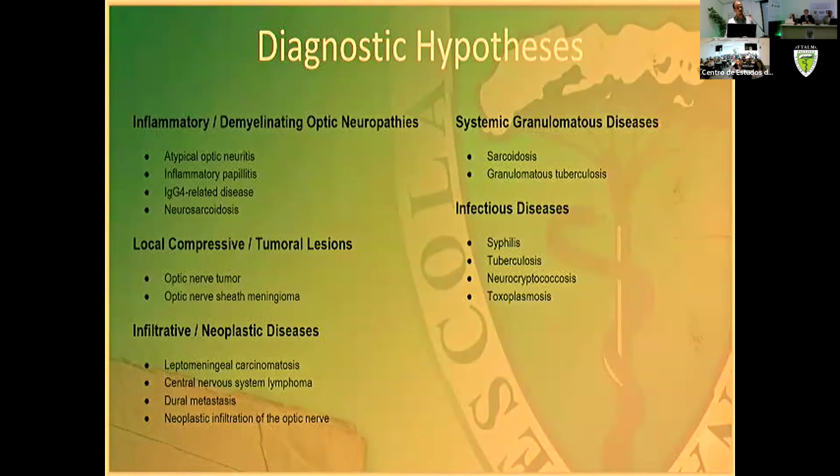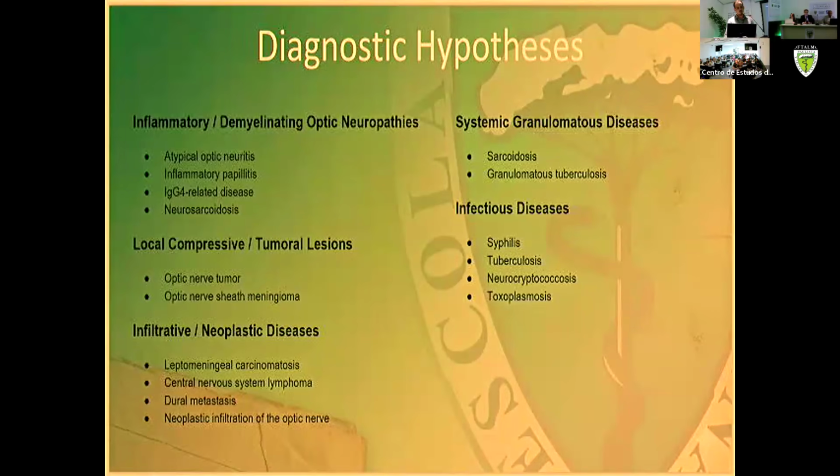We can think about inflammatory or demyelinating diseases, like atypical optic neuritis, inflammatory papillitis, and IgG4 related diseases, and local compressive and tumoral lesions, especially in his left eye, like an optic nerve tumor or optic nerve sheath meningioma.